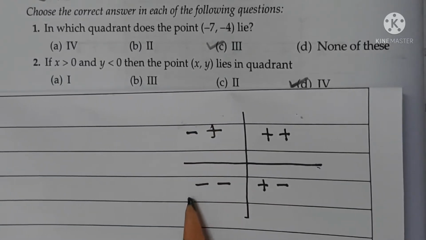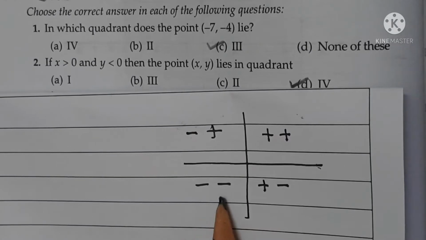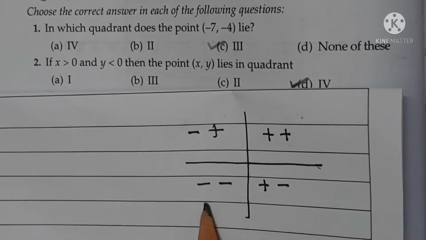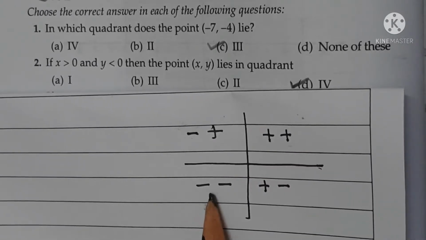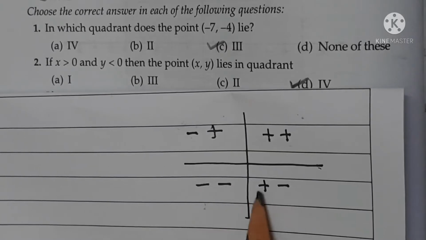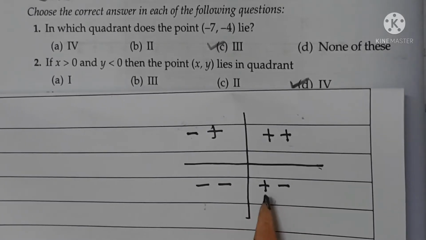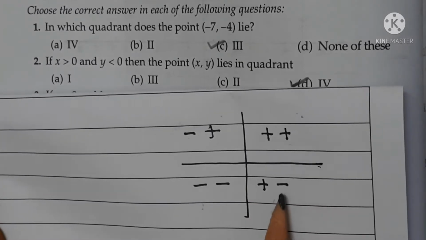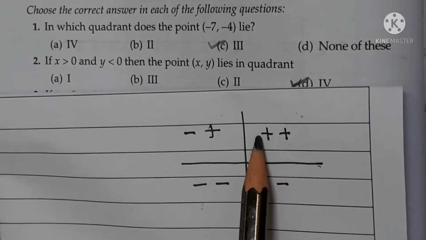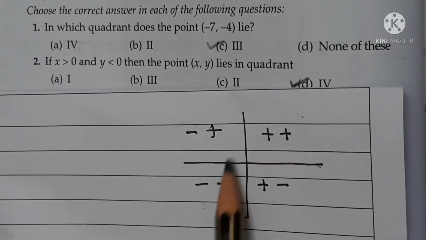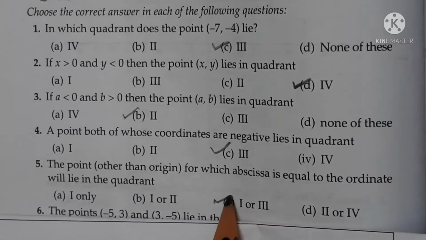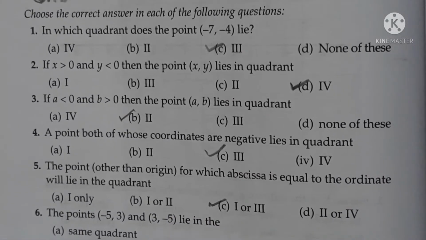But if x is -3, then y is -3, so it may be in the third quadrant. So in the first and third quadrants the abscissa is equal to the ordinate. Mark option C.